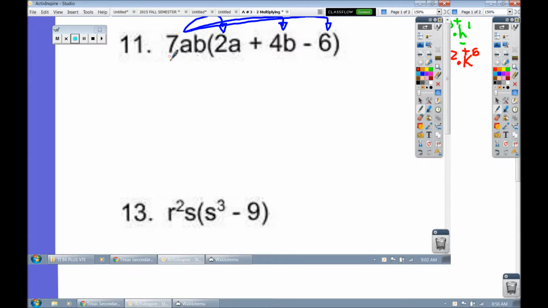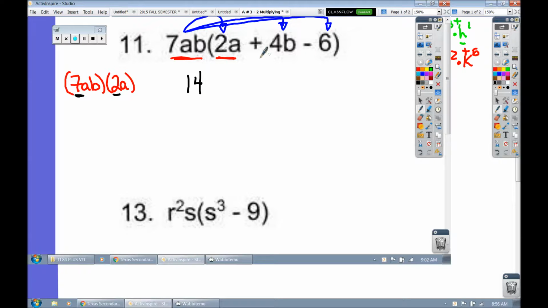So let's start with this 7ab and 2a. We're going to pretend like we're going to multiply those like this. So you could pretend like that can be written like this if you wanted to. So start with your numbers. 7 times 2 would be 14.